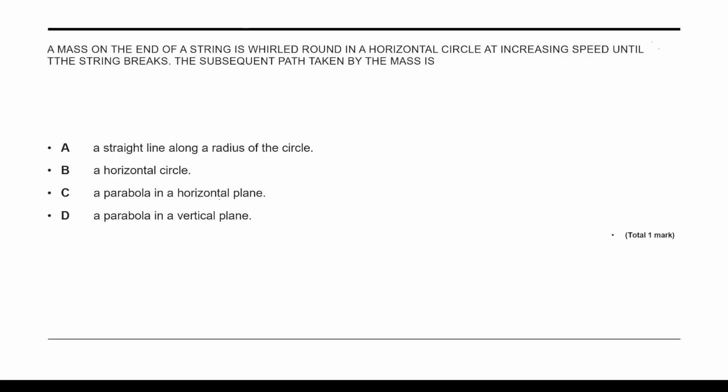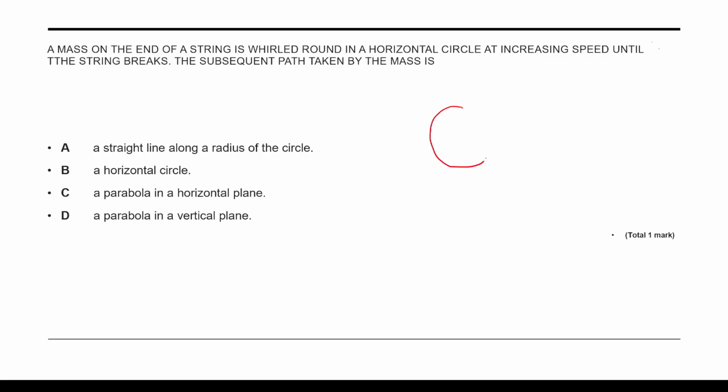We just saw in the previous animation, it would keep on moving in a straight line along a radius of the circle, a horizontal circle, a parabola in horizontal plane, or a parabola in vertical plane. What do you think? It is not going to move in a horizontal line along the radius of the circle. So that's not possible. I'll just show you with the diagram.